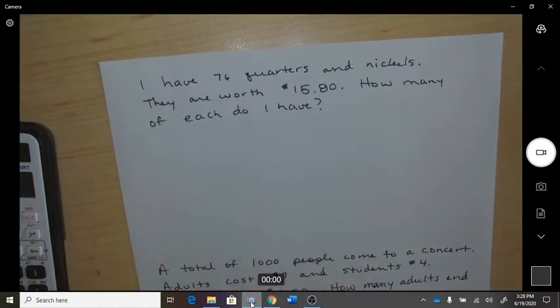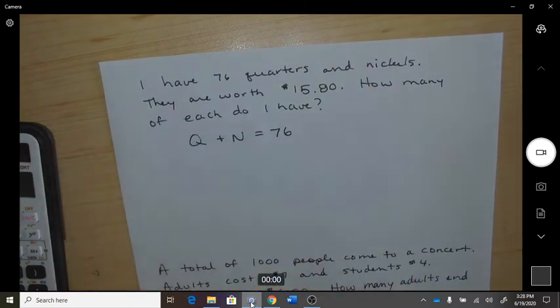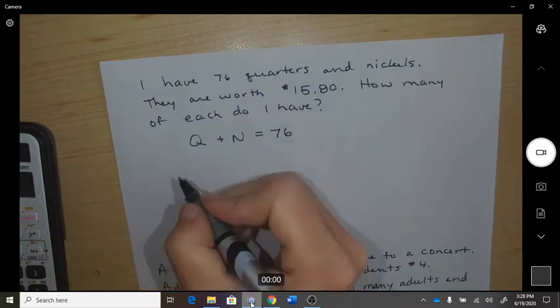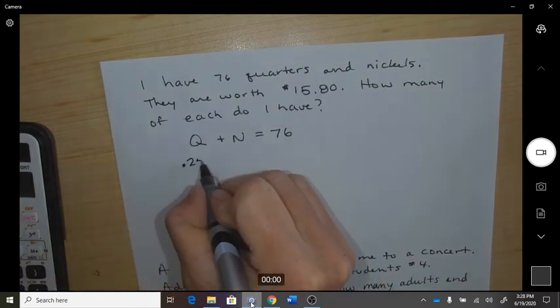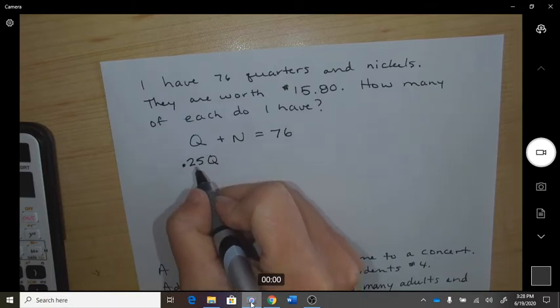I have 76 quarters and nickels altogether, and altogether it would add up to 1580. How many of each do I have? Okay, so quarters plus nickels totals 76. So each quarter is worth 25 cents, so if I times every quarter by 25 cents, that's the money.